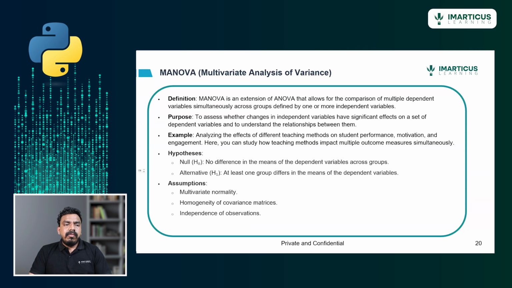MANOVA is an extension of the ANOVA test that allows for the comparison of multiple dependent variables simultaneously across the groups defined by one or more independent variables. The purpose of the MANOVA test is to assess whether changes in the independent variable have a significant effect on a set of dependent variables and to understand the relationship between them.